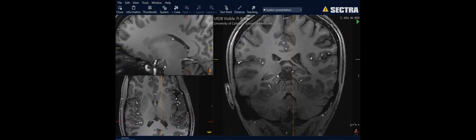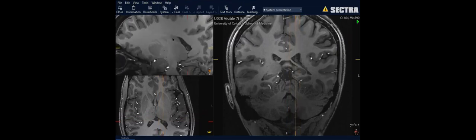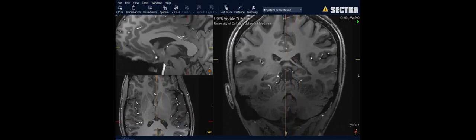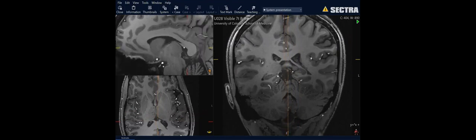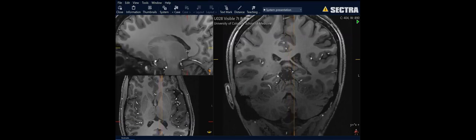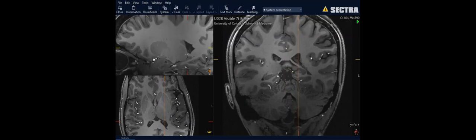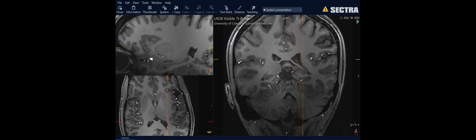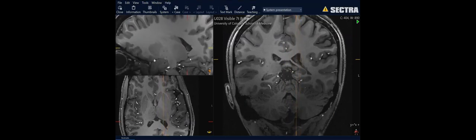So let's see if we can see that on a sagittal. Okay, so here's our fornix. We can follow this fornix as we extend laterally, finally into the inferior horn of the lateral ventricle as it gives rise to the hippocampus.